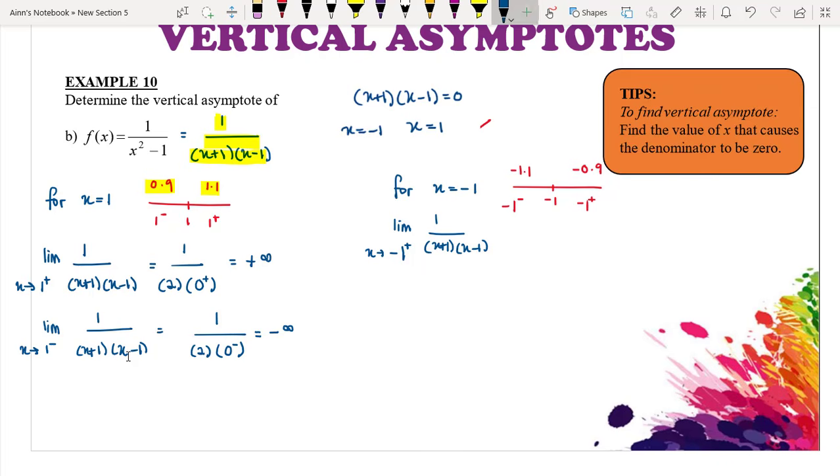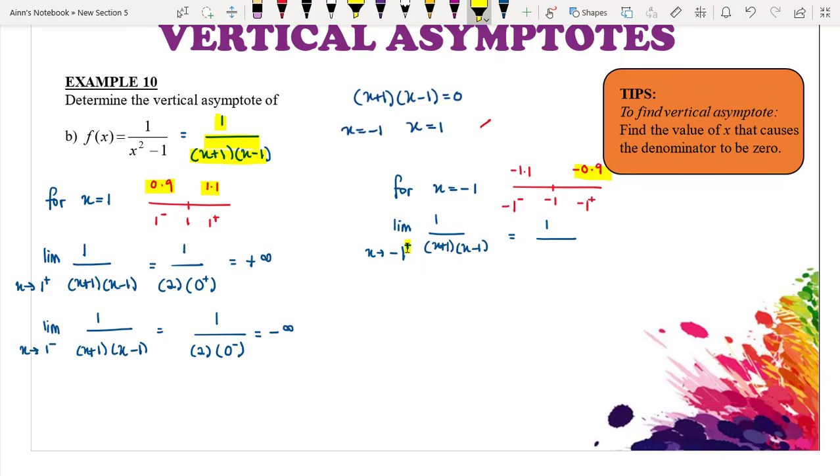So now we just substitute 1 over, so negative 1 plus 1, we will get 0. But we have negative 1 from the right here, so we can take the value of negative 0.9. Negative 0.9 plus 1 equals a positive number.